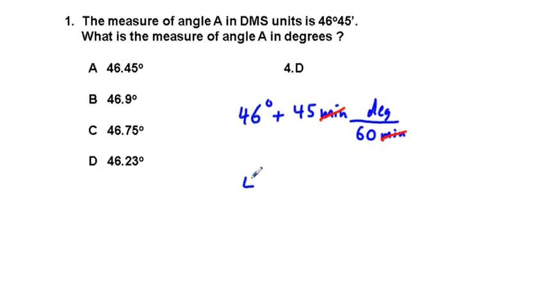So our answer is going to be 46 plus the fraction of 45 over 60, which when you put this in the calculator, you're going to get 46.75. So 45 minutes is 3/4 or 0.75 of a degree, just like 45 minutes would be 3/4 of an hour. So that would be answer choice C.